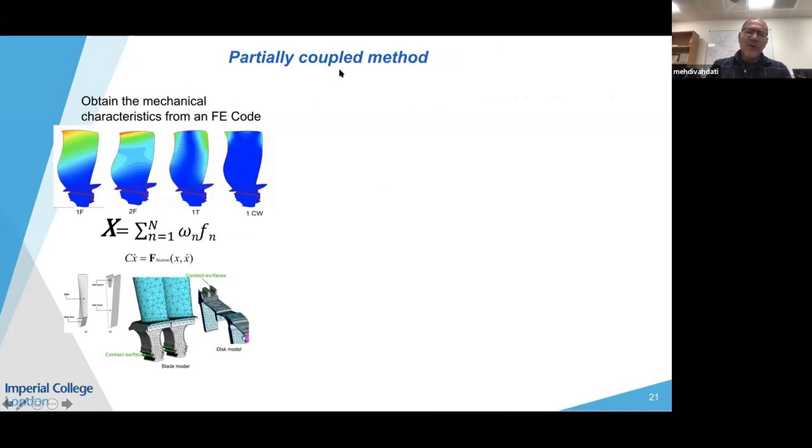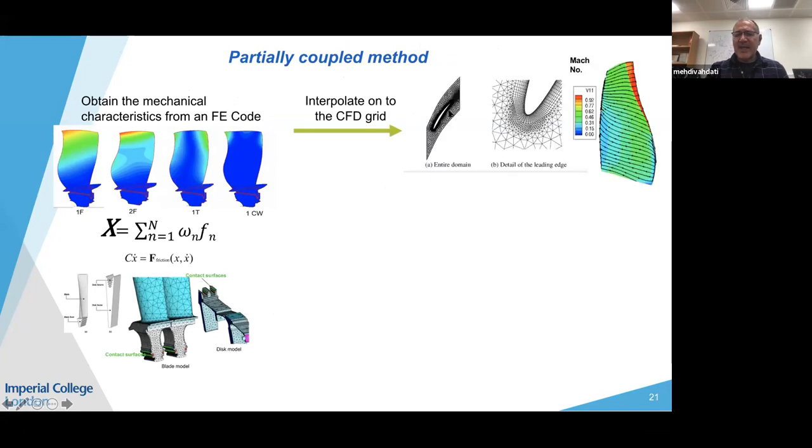Before we start our big unsteady CFD URANS computation, we calculate the mechanical properties of the blade, such as damping and structural mode shape. Then we map those mode shapes to our 3D CFD grid, and after that, we do not look at them anymore.